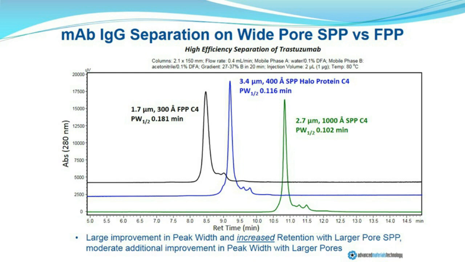And when we increase the pore size to 1,000 angstrom, which is a material that will be commercialized this fall, this is a prototype material, but we are working rapidly to commercialize it because of the considerably improved peak width and resolution of minor components compared to a typical sub-2 micron, 300 angstrom pore size material.